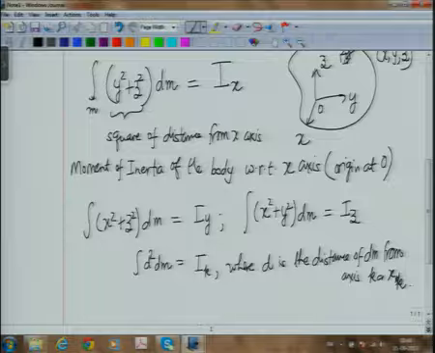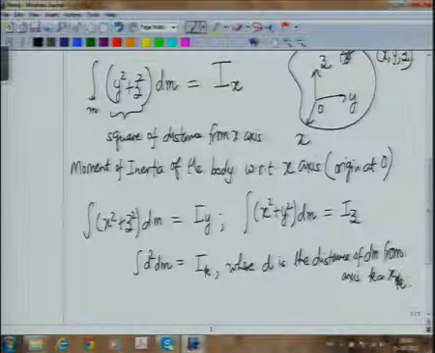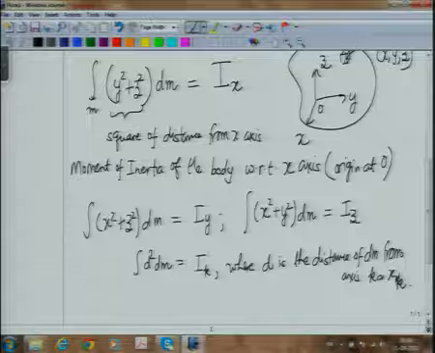Then what is the need of an origin? I'll tell you why. One thing is the origin may be shifted. Now you have defined the moment of inertia of this body.